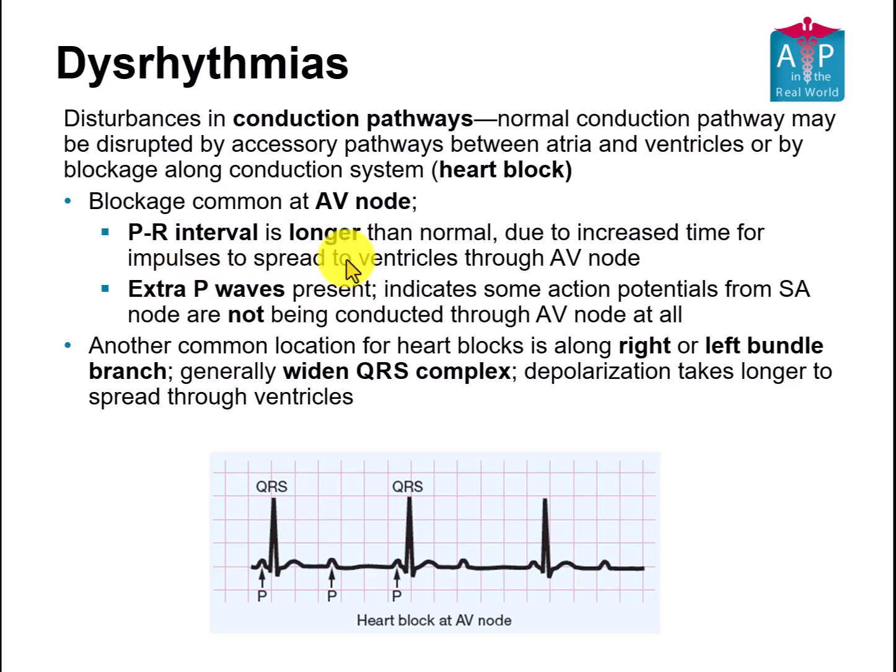And this means that all of the action potentials generated by the SA node are not being conducted through the AV node, so the atria will depolarize twice before the ventricles depolarize once. Another common location for heart blocks is the left and right bundle branch, and generally with that you would see a QRS complex widening.